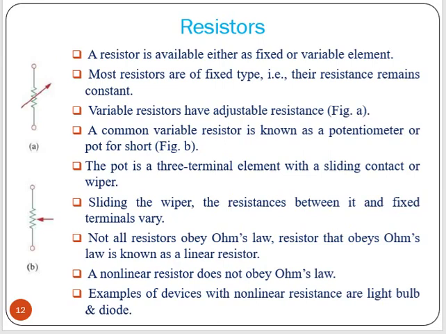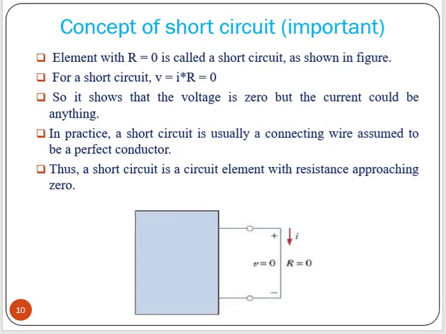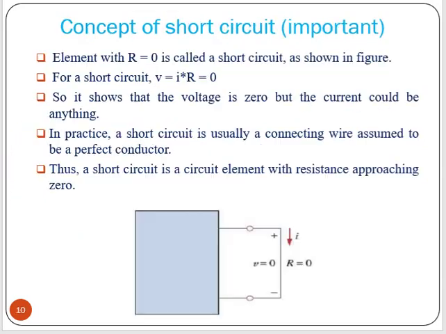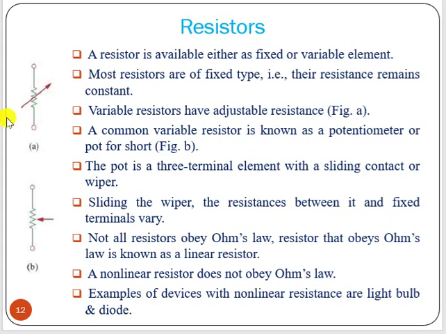Now some points about resistors. A resistor is available either as fixed or variable. Most resistors are of the fixed type. In the previous case, what you have seen is a fixed resistor symbol, and this is the symbol of a variable resistor. This arrow means a variable resistor.